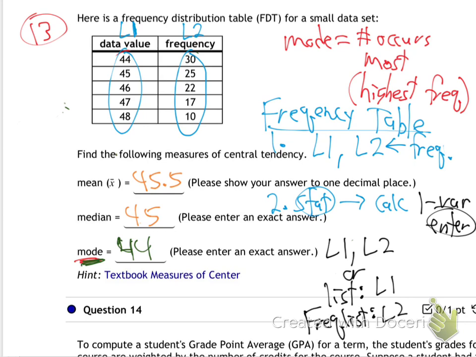And how you get L1: L1 comes from second and 1. And L2 comes from second and 2. That's how you get L1, that's how you get L2.